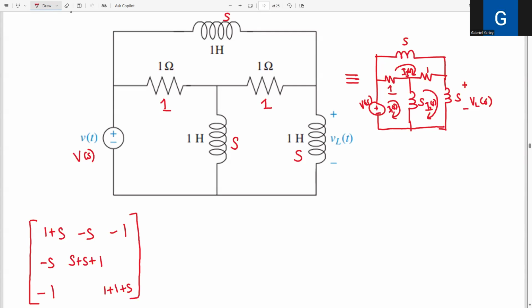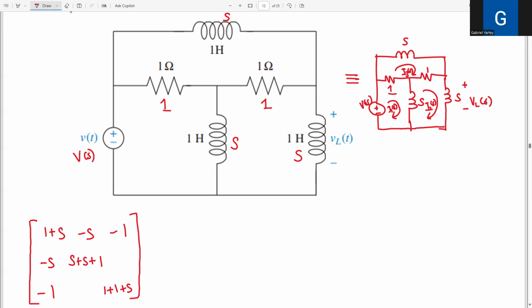Now let's go to the position index 2 and 3 right here. It means all the impedances present in both mesh 2 and mesh 3, and the impedance present is just the 1 here.